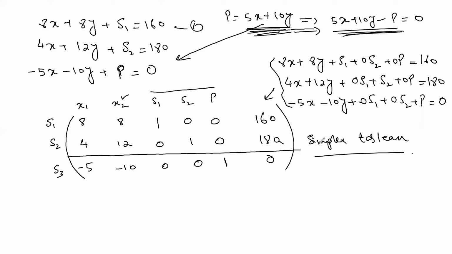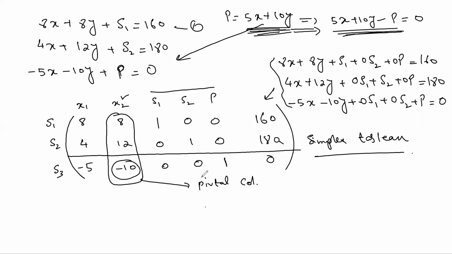The most negative number is minus 10. So this column is our pivotal column, because in the bottom row the maximum negative number is -10. That is why it is the pivotal column, right?